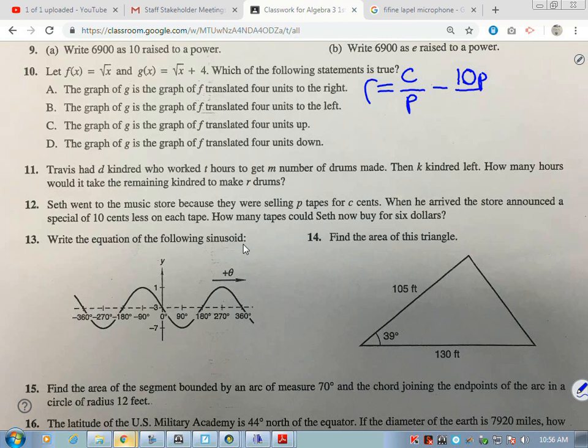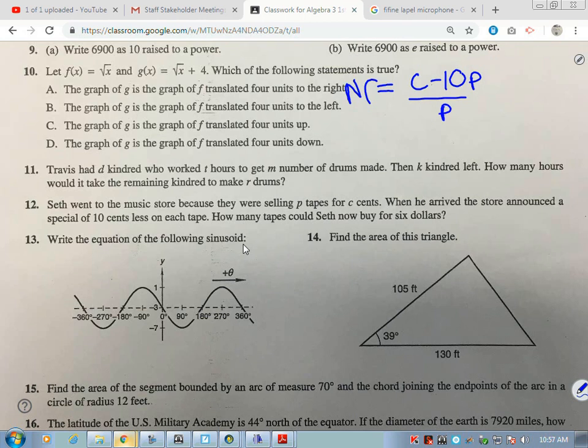So it's going to end up being C minus 10P over P. Does that make sense? So that is our new rate. C minus 10P over P.